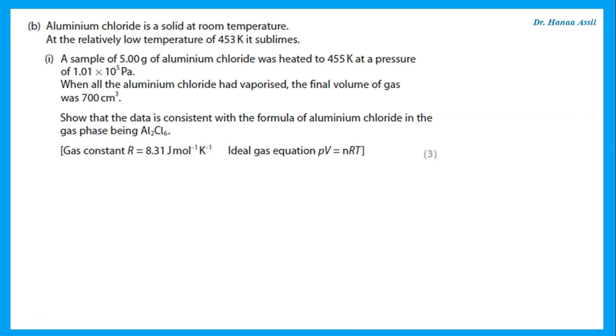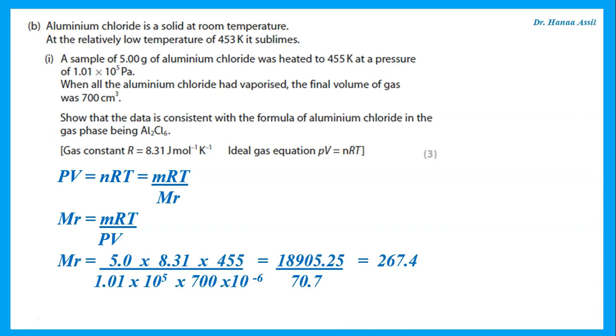So, using the ideal gas law, PV is equal to nRT, I can use that to get the number of moles and then determine the MR, or just put it directly into the equation. Number of moles is mass over molecular mass, and that means the molecular mass is mass times R times T over PV. Now, what is the mass? 5 grams. R, 8.31. Temperature, we put the temperature in Kelvin.